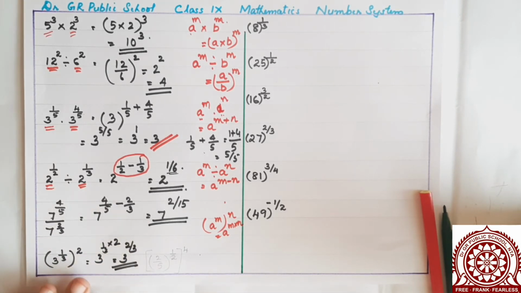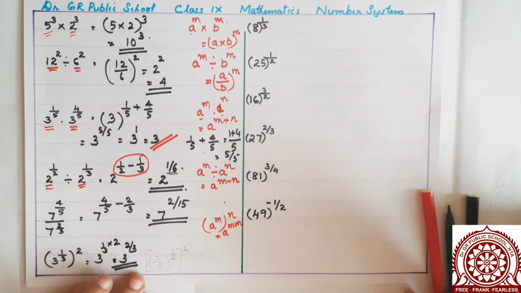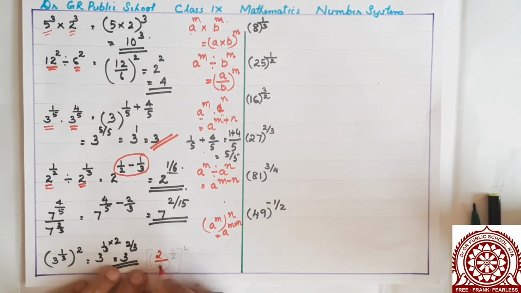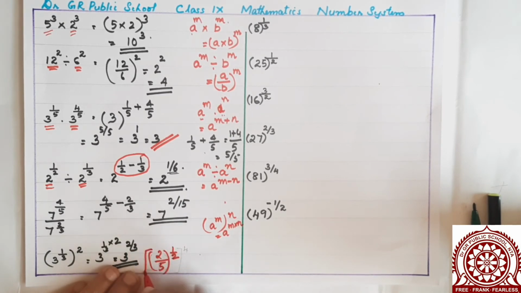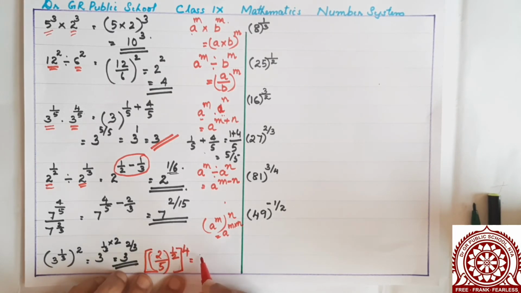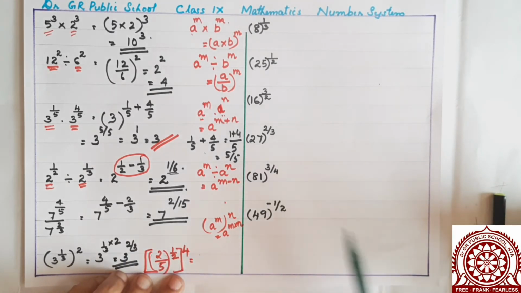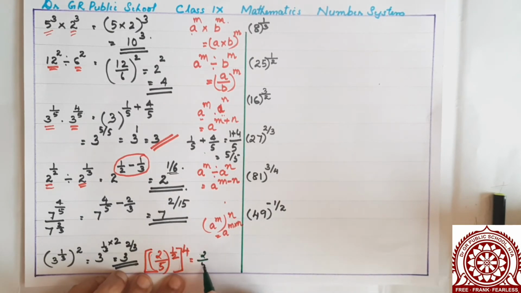Okay, children. Now consider another question. 2 by 5, the whole raised to 1 by 2, and again the whole raised to 4. How can we do this? It is 2 by 5, the whole raised to the powers, which we have to multiply. When we have more powers, we have to multiply them.